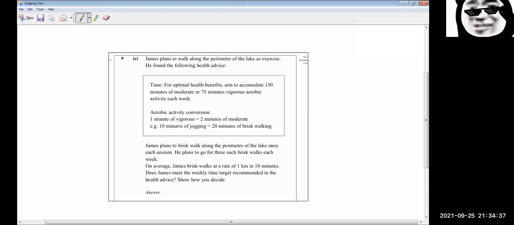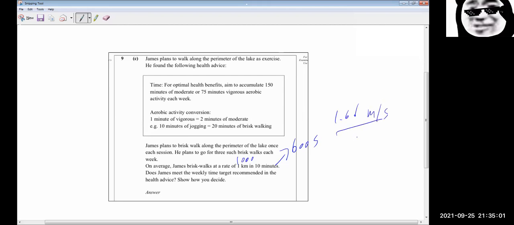What's the answer? 1.6667. This is 10 minutes, that's why it's 600 seconds. So if you take 1,000 divided by 600 seconds, you get about 1.66. So this is about meters per second.